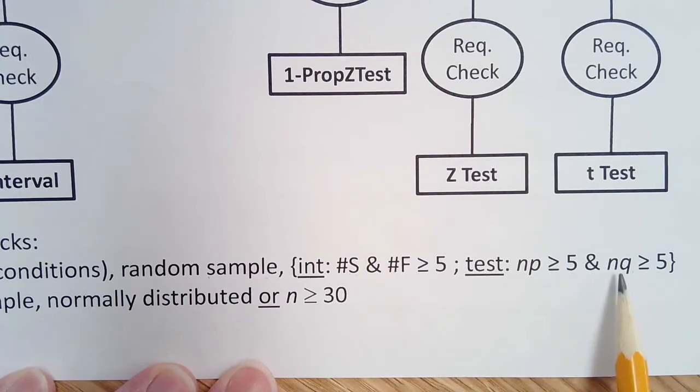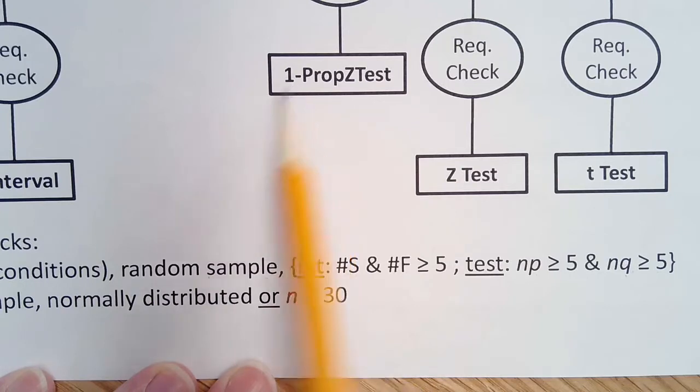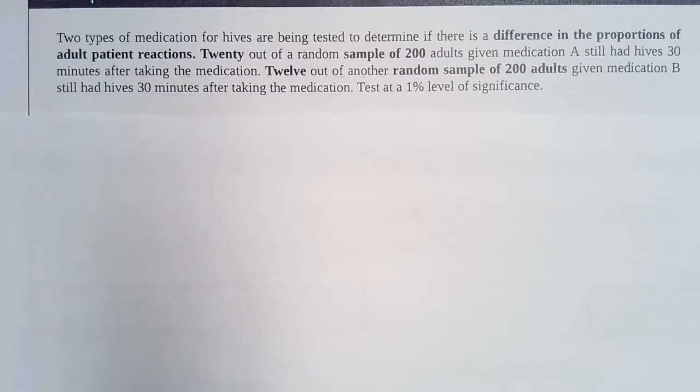So p is the probability of success, and q is the probability of failure. This tells us we're going to use not the one, but the two-sample proportion z-test.